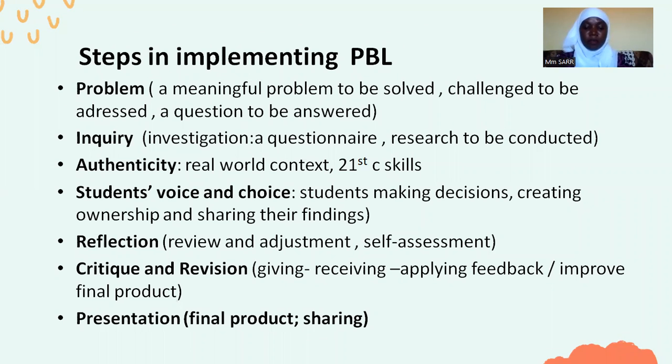Those who conduct the project will give feedback, and also they will receive feedback. And they also will apply this feedback. How? By taking the remarks into consideration. And then it is a way to improve the final product. The final product being the presentation. The presentation is what we call the final product. We share with the peers.